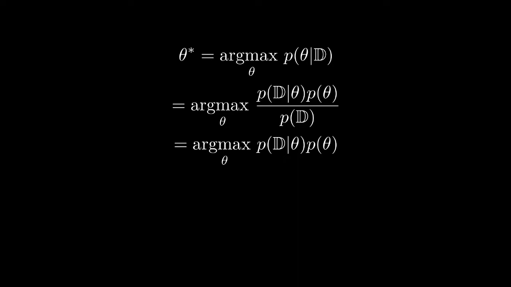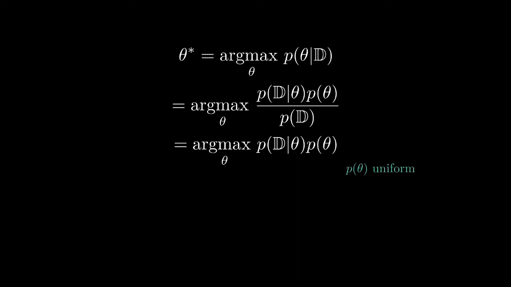Notice that this is almost maximum likelihood estimation, except we have the prior probability of the parameters still there. If we assume equal or uniform probability of all the possible parameter settings, meaning we favor no parameters over others before seeing the data, p of theta is constant.